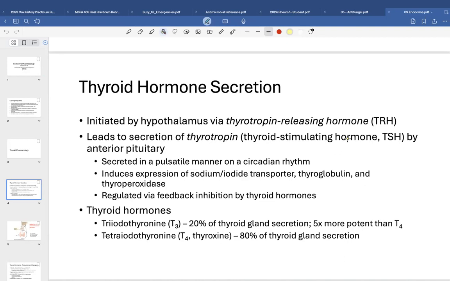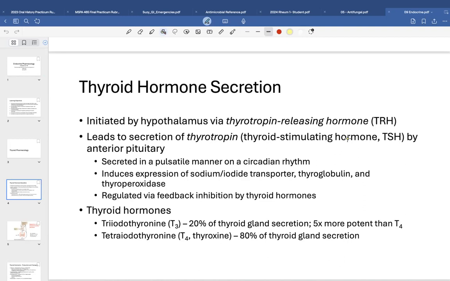TSH or thyrotropin is secreted on a circadian rhythm, in a pulsatile manner, so it's not going to be a steady level over the course of the day. Certain times of day, of course, the secretion is much higher than others.